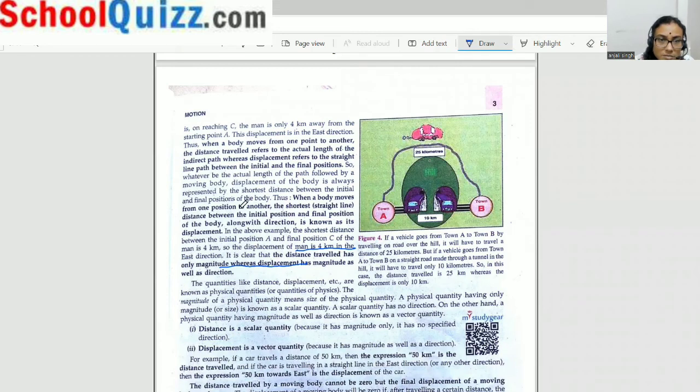You can see, when a body moves from one position to another, the shortest, this word is very important, the shortest distance from the initial to the final position. The shortest distance an object has covered from the initial position to the final position.